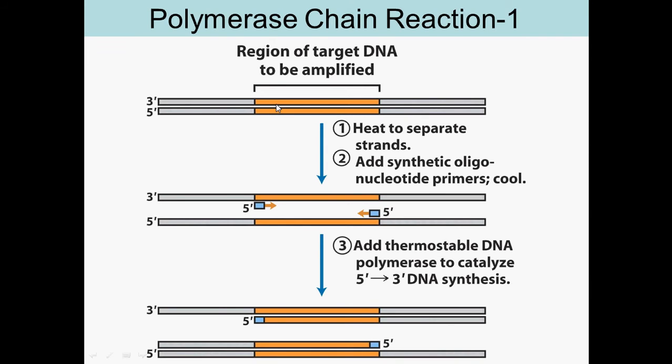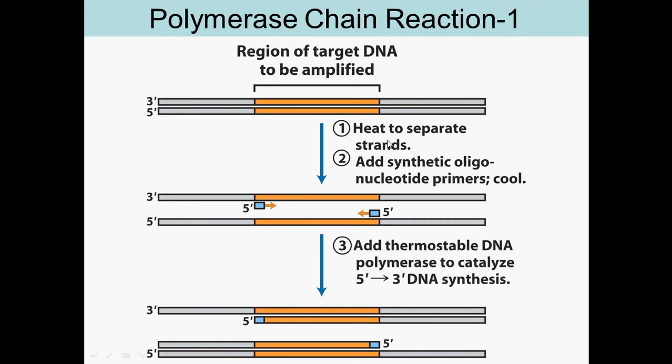So maybe you only want to do like 300, or somewhere between 20 and 10,000. So that's what's going to be over here. We have 3 prime to 5 prime, 5 prime to 3 prime, and the new strand is going to be synthesized 5' to 3', and it's being read 3' to 5'.